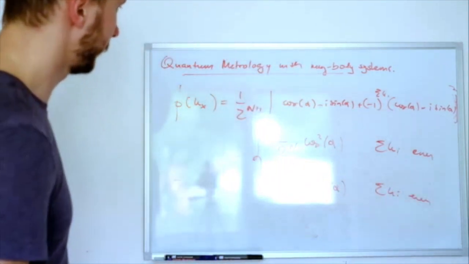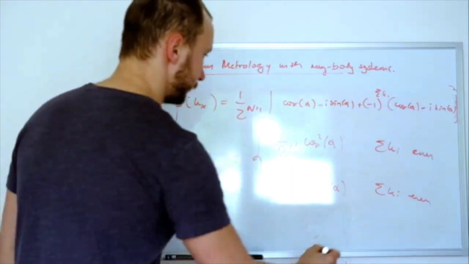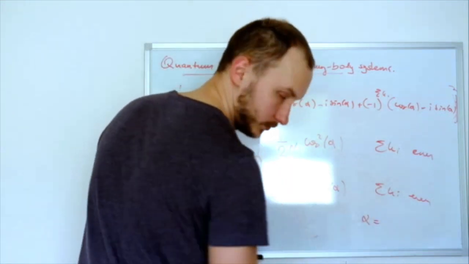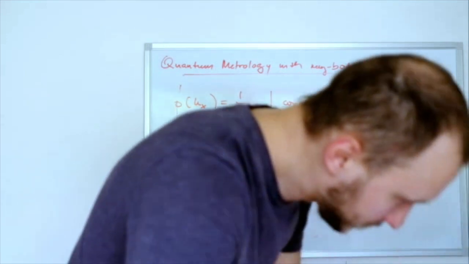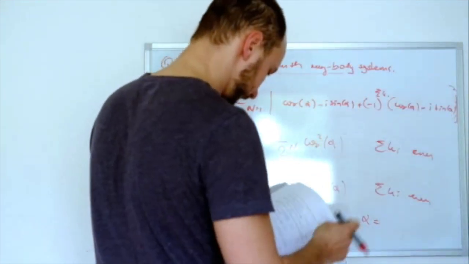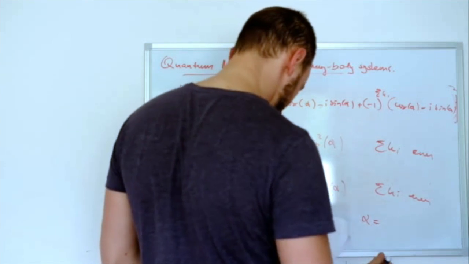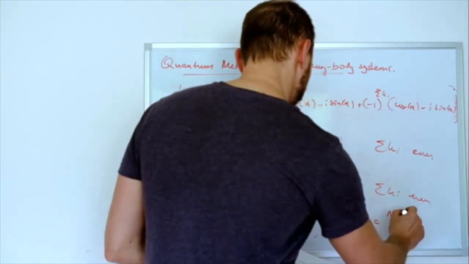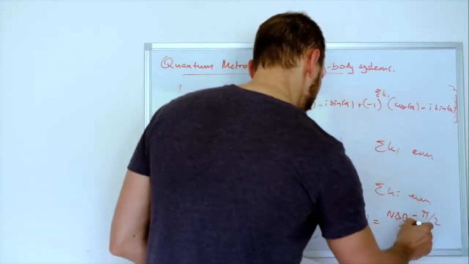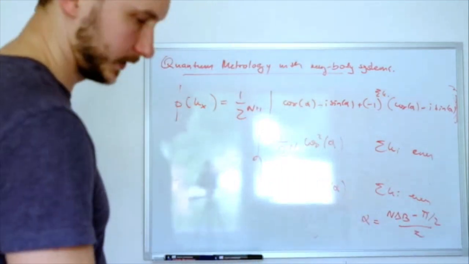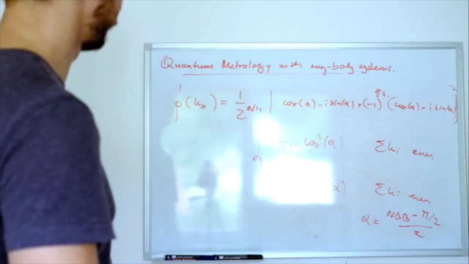Yes, that's the probability that we get. And remember, what was alpha? Alpha was n delta b minus pi over 2.